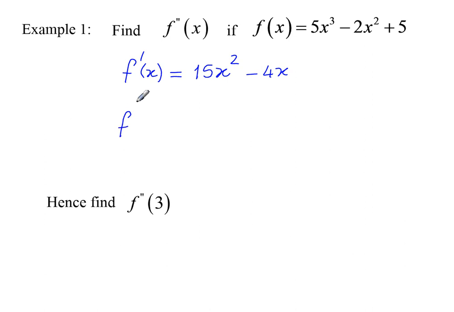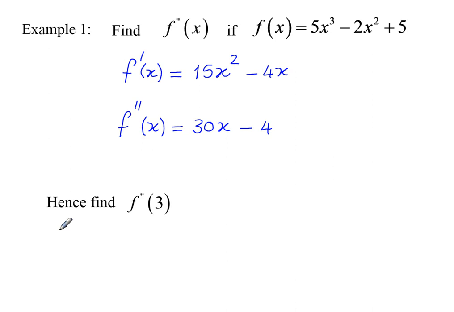And then to find f double dash of x, we differentiate a second time. We apply the rules of differentiation here on f dash of x. The derivative of 15x squared is 30x, and the derivative of negative 4x is negative 4. So the second derivative of this function is 30x minus 4.